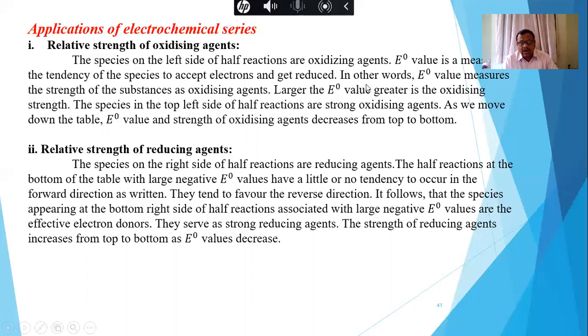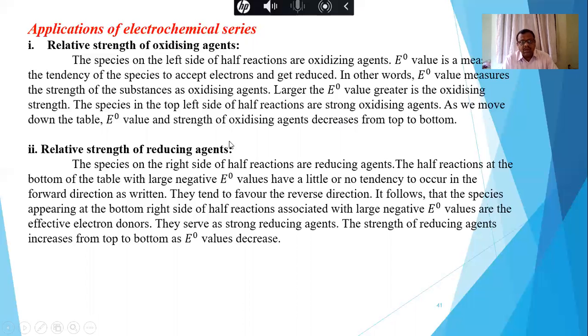In other words, the E standard value measures the strength of the substance as an oxidizing agent. The larger the E standard value, the greater is the oxidizing strength. The species in the top left side of the half reactions are strong oxidizing agents.